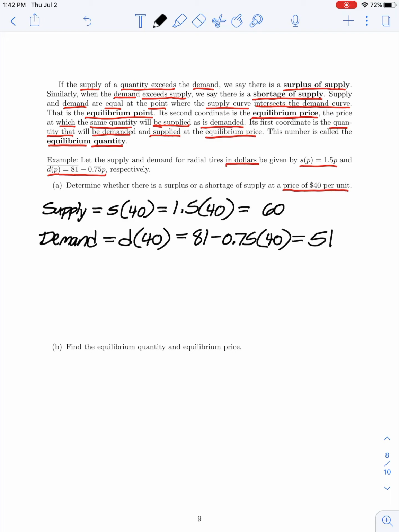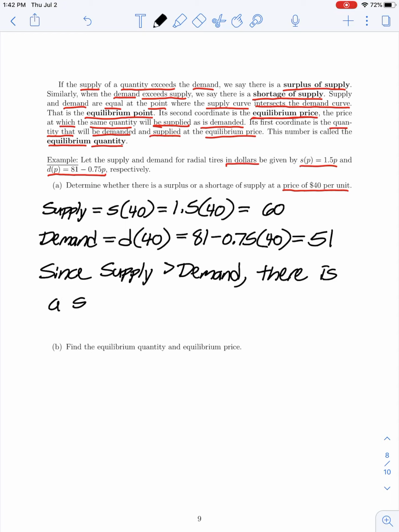So in this example, we ask which is greater, and here the supply is greater than the demand. So since that is the case, we say there is a surplus of supply. The demand is less than the amount being supplied.